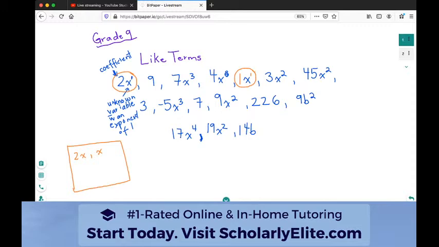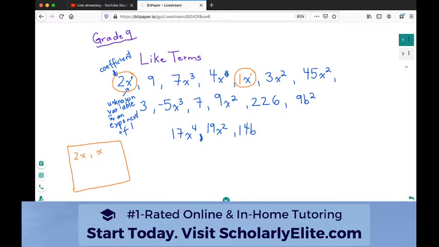I don't see anything. Now, as I get to the very end, I see that I have this one here, which is 14b. And something that I've noticed with a lot of kids is that they'll assume that because this also has a coefficient and this also has an unknown variable to it with an exponent of 1, that this is going to be a like term.